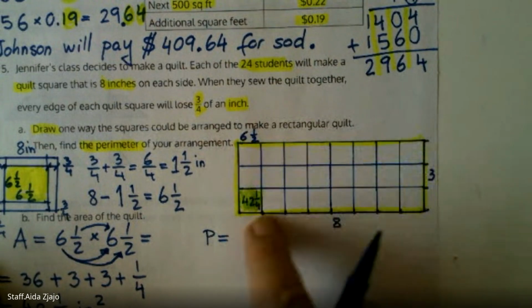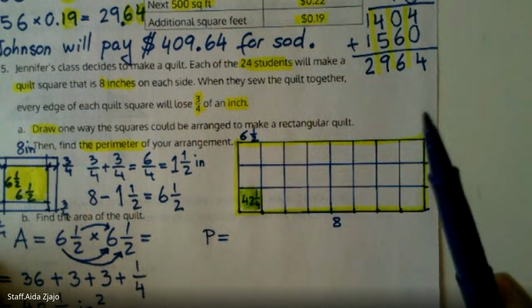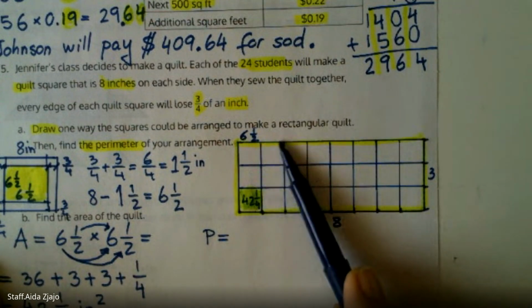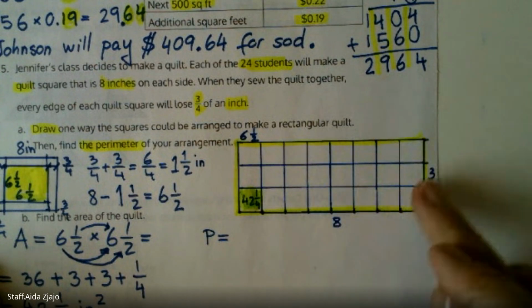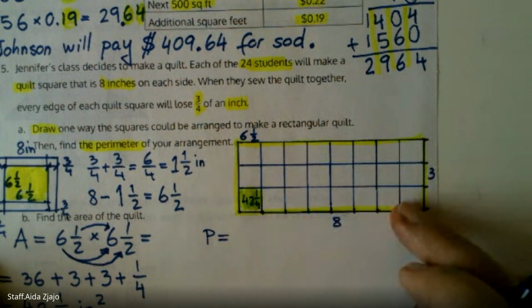So I need to figure it out. What is that? This is 1, 2, 3, 4, 5, 6, 7, 8, because I chose 3 by 8. So this will be 8.